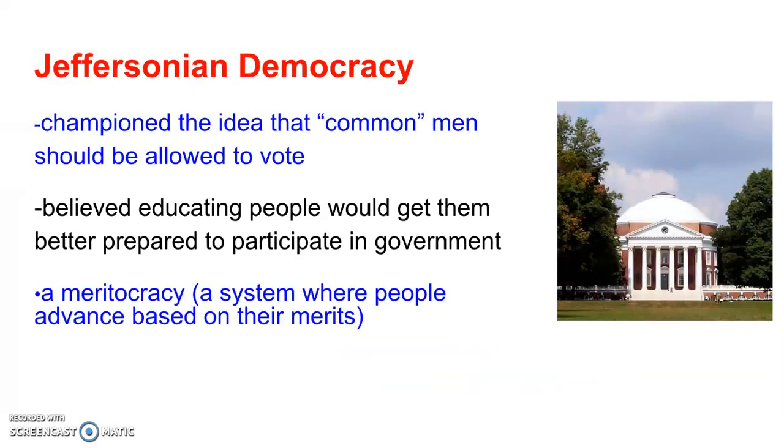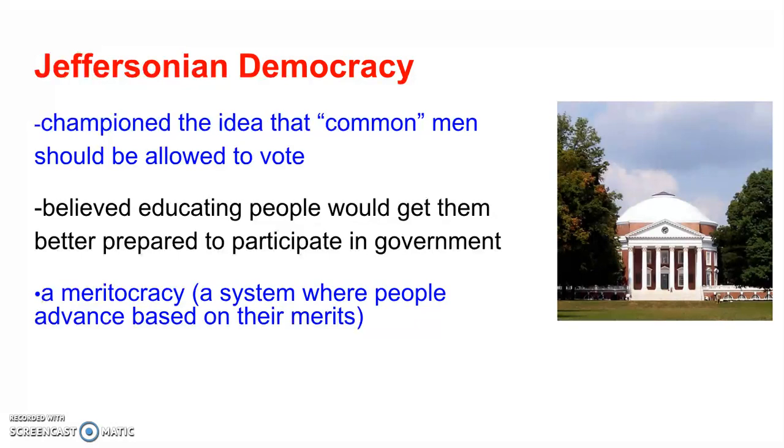So, Jefferson's president. Jefferson has this view of democracy called Jeffersonian democracy. He champions this idea that the common man should be allowed to vote. Not just anybody that has property, but any white male in the U.S. should be allowed to vote. And this would create more participation in government and be more equal for everybody.